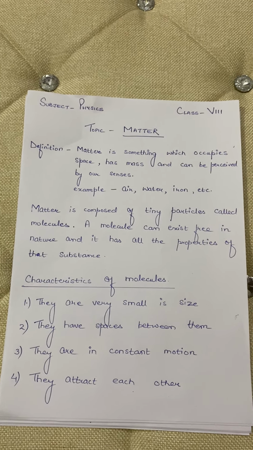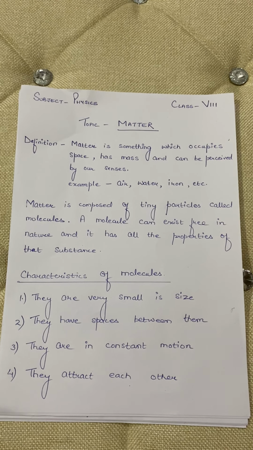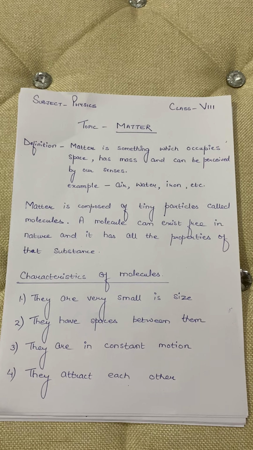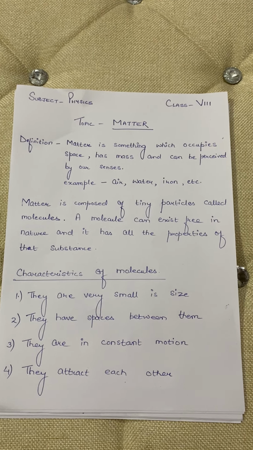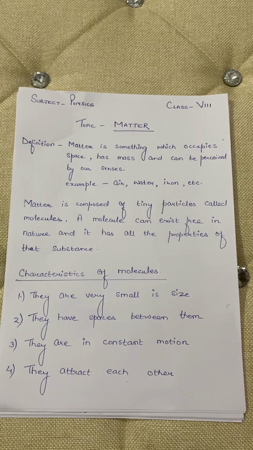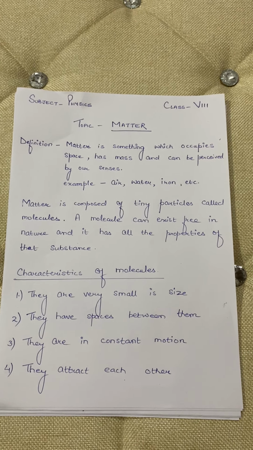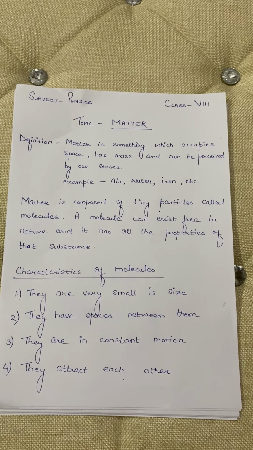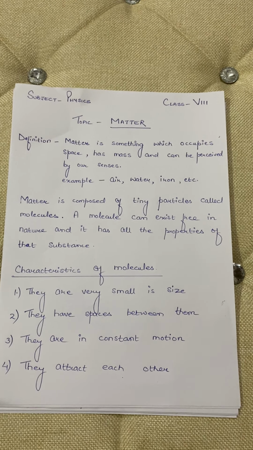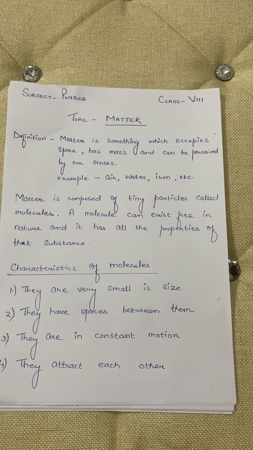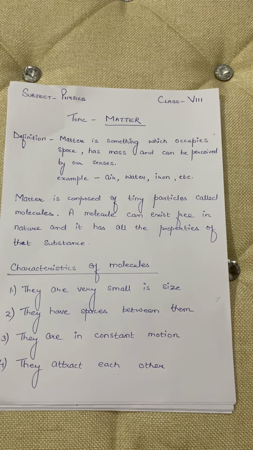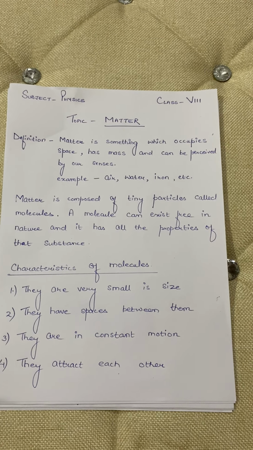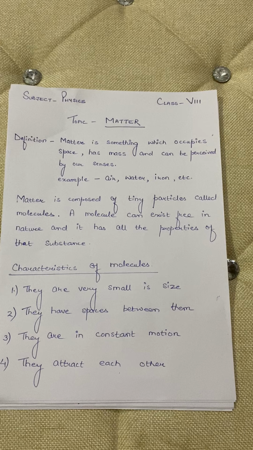Anything which we can sense in our surroundings, like for example, air, water, piece of iron, oil, sugar, salt, anything, or rather we can say matter means all the living and non-living things of the universe. That together, these all are examples of matter.